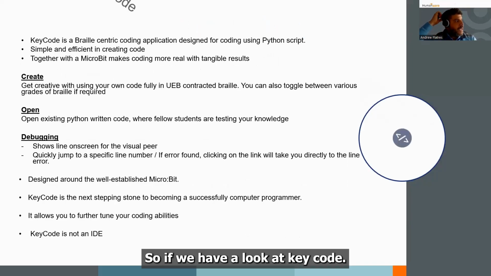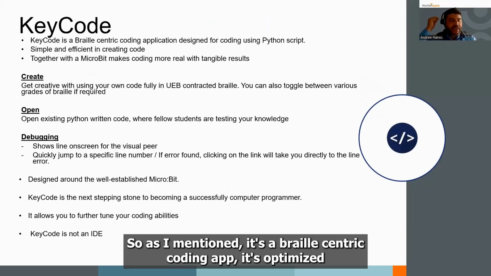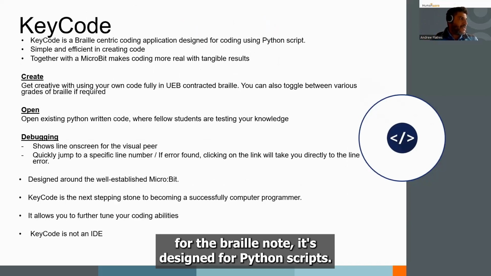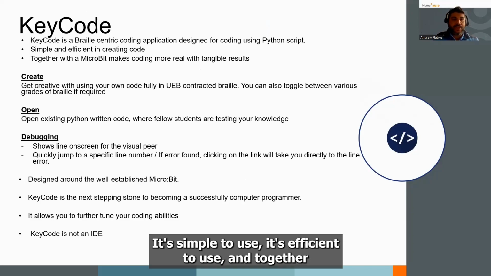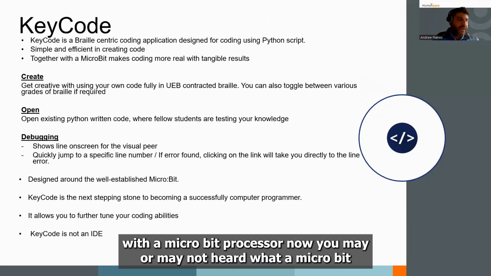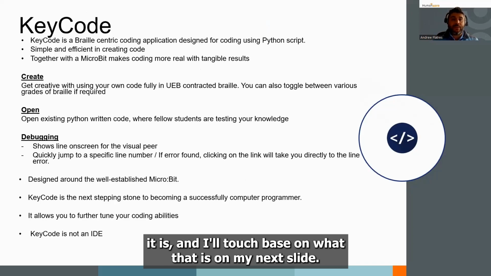So if we have a look at KeyCode, as I mentioned, it's a Braille-centric coding app. It's optimized for the BrailleNotes, designed for Python script, simple and efficient to use, together with a micro:bit processor. You may not have heard what a micro:bit is, and I'll touch on that in my next slide.